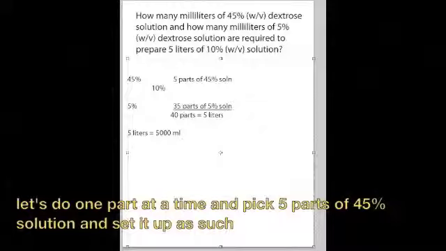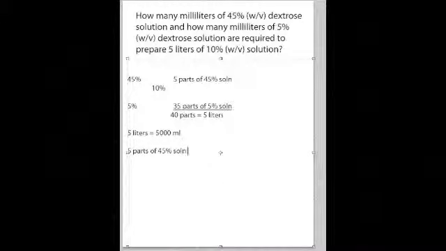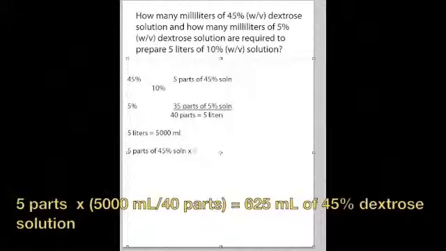Let's do 1 part at a time, and let's pick 5 parts of the 45% solution and set it up as such. Multiply by 5,000 mLs and divide that by 40 parts.